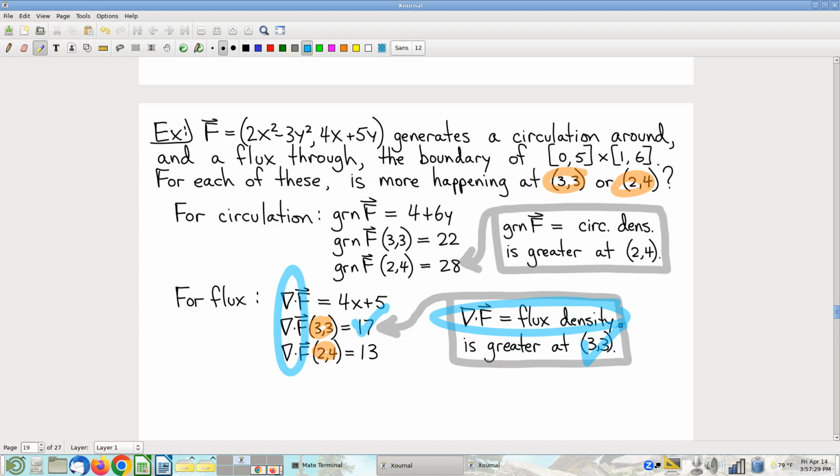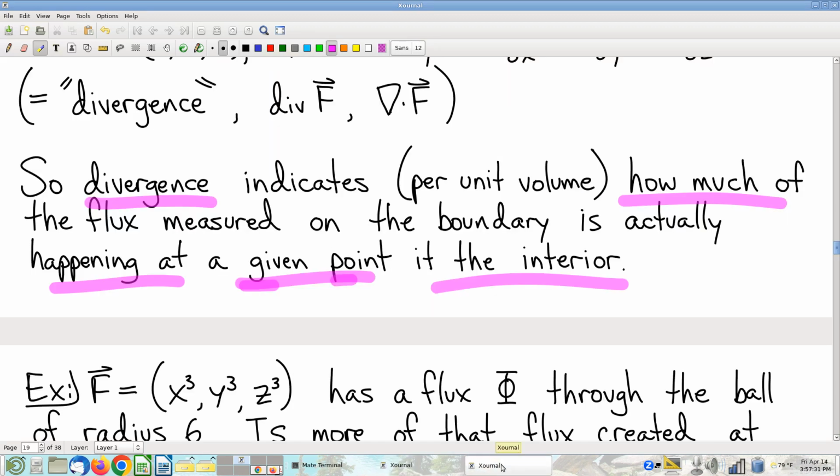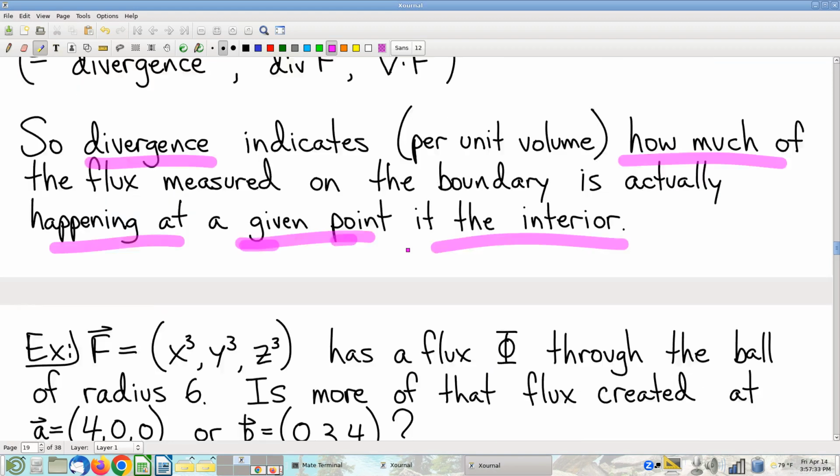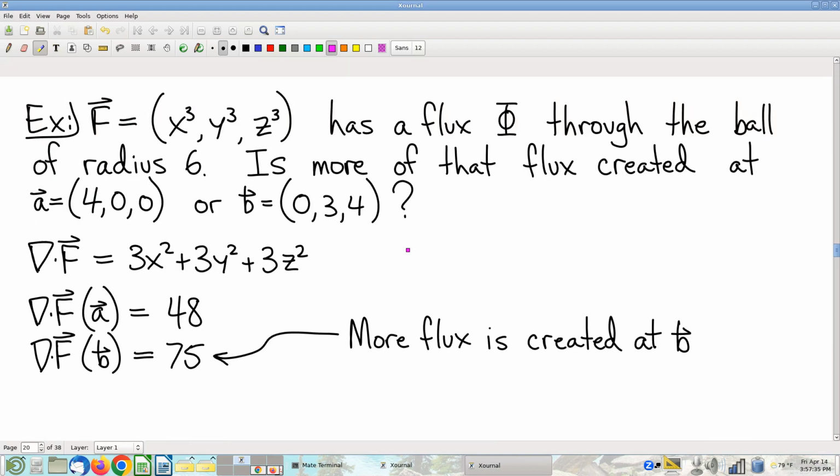So, with all of that in mind, same interpretation. Now let's look at three-dimensional divergence. Three-dimensional flux. Got a vector field. It's creating flux through the boundary of some large solid. Doesn't really matter. Where is there more flux created? Is it this point or is it this point? Well, we look at flux density.